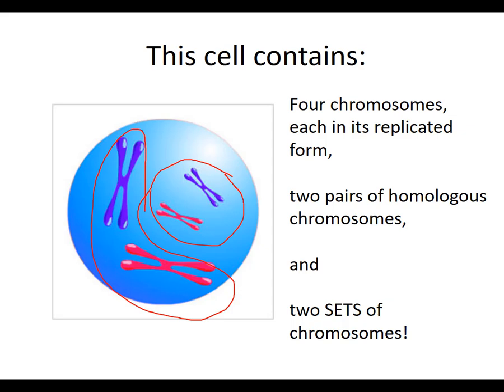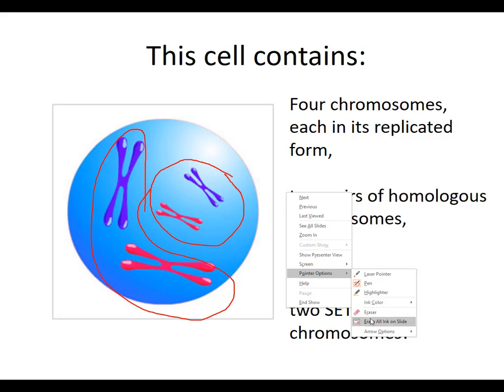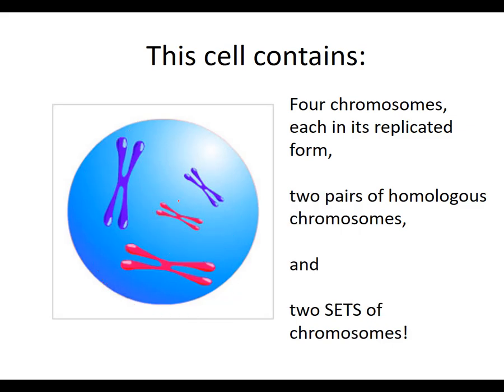But a set is different. A set would be 1 of each type. So this would be a set, and this would be a set. And so those are different concepts, pairs and sets.